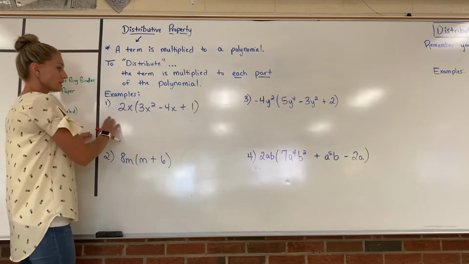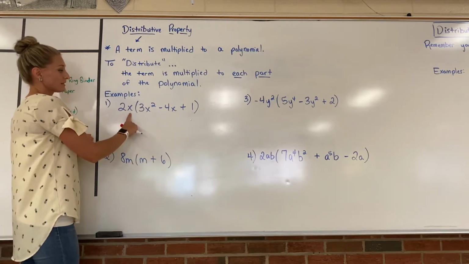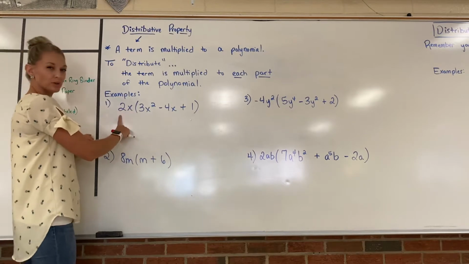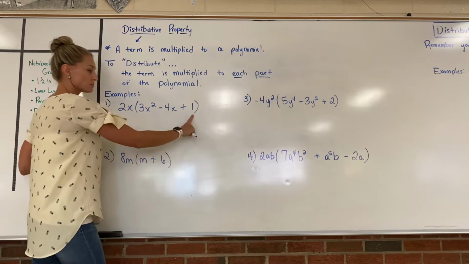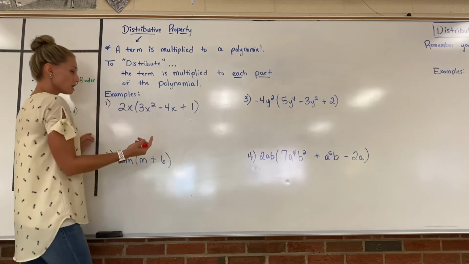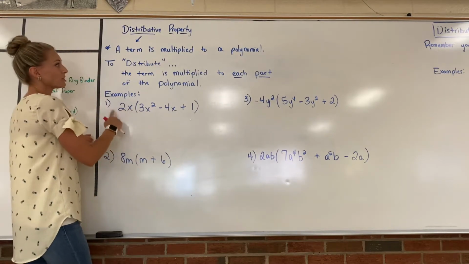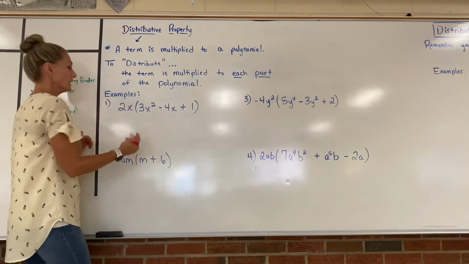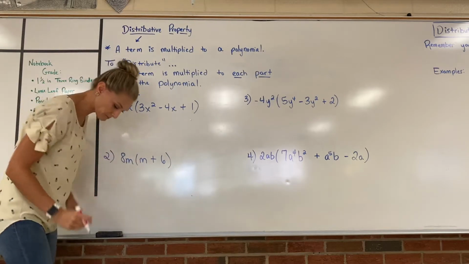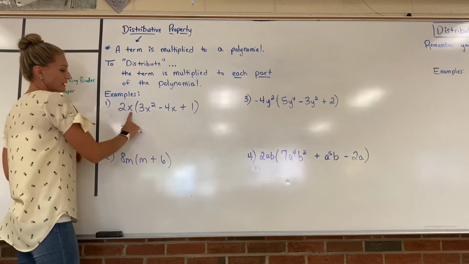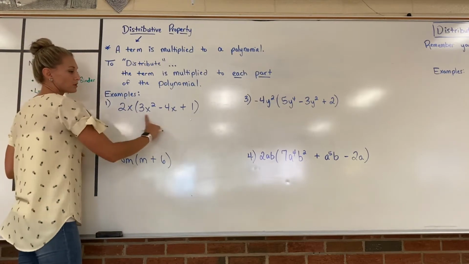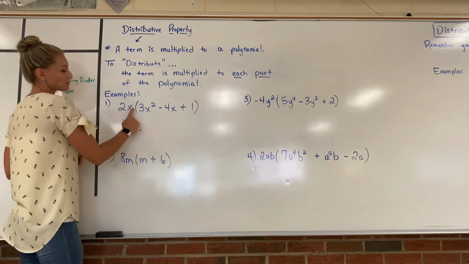So for instance, with this one, you've got 2x. That's the term that you're going to distribute, and we'll talk about why in a second. And you're going to distribute it to this polynomial, okay? The reason I know that I have to distribute is because if you look between the 2x and the parentheses right here that has all of this stuff, there's nothing between them.